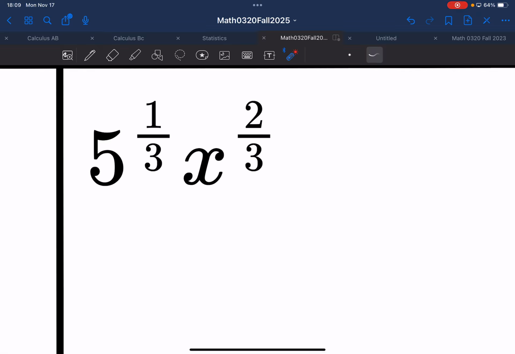Okay, so when we start mixing numbers with variables, we are going to put each of them inside of a radical separately. First we're going to do 5 to the 1/3 power. How would I write 5 to the 1/3?